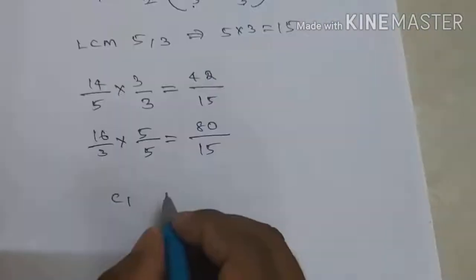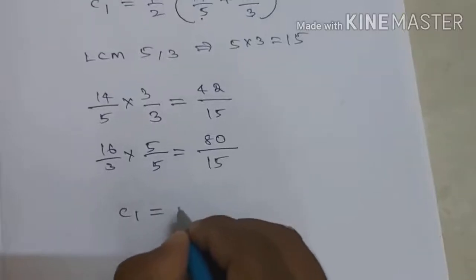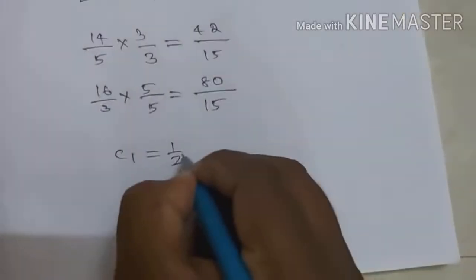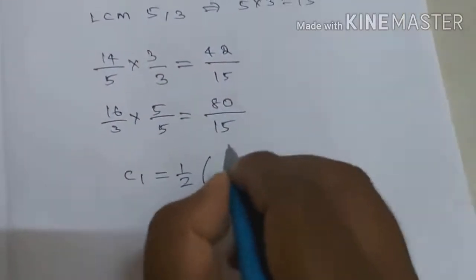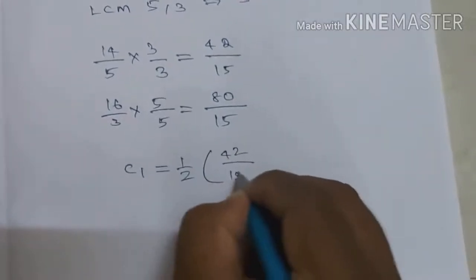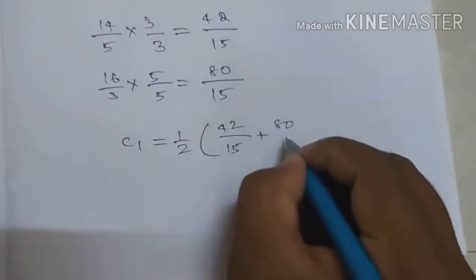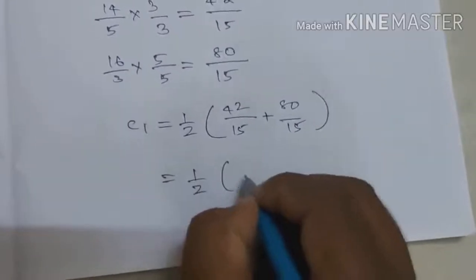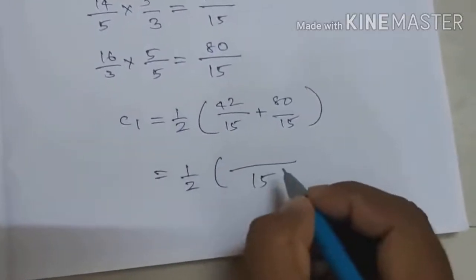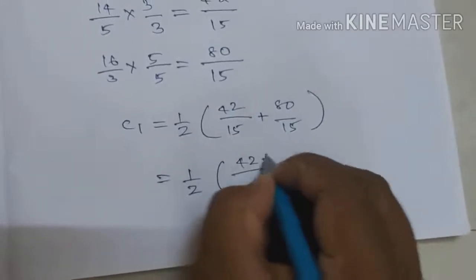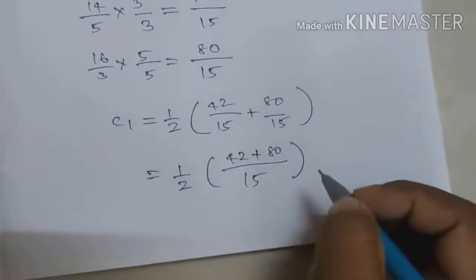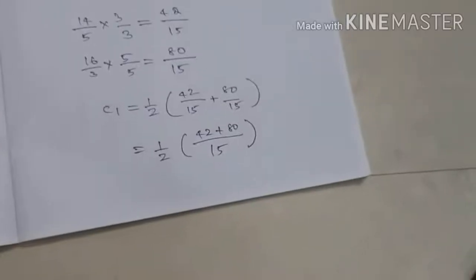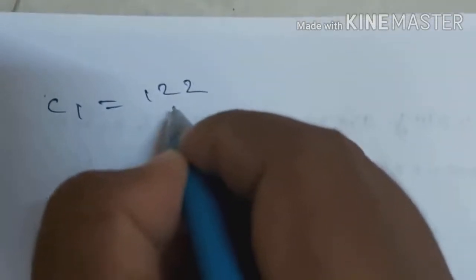C1 equals 1/2 bracket 42/15 plus 80/15 close the bracket.